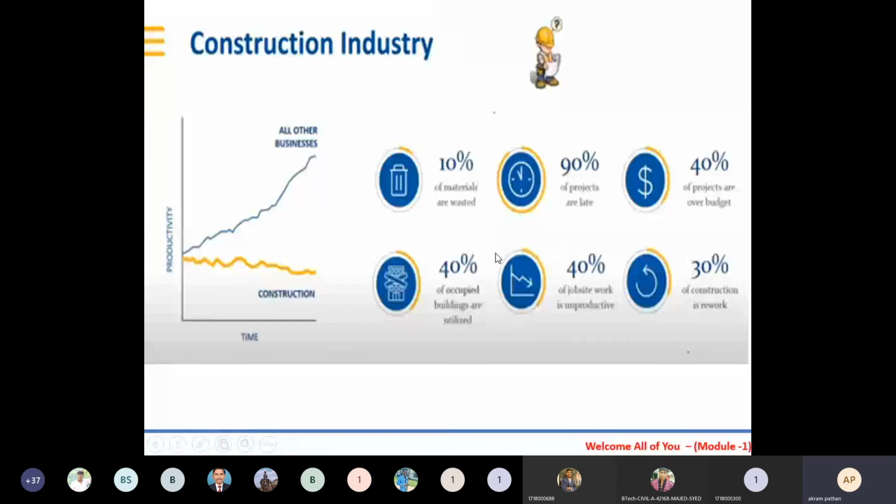I would also like to show another slide where we can speed up our work, and how this yellow line is in place of this line, that is all other businesses. In the next slide you will see this line and all other businesses below the construction. How it is possible, we will see in the upcoming lecture, right?